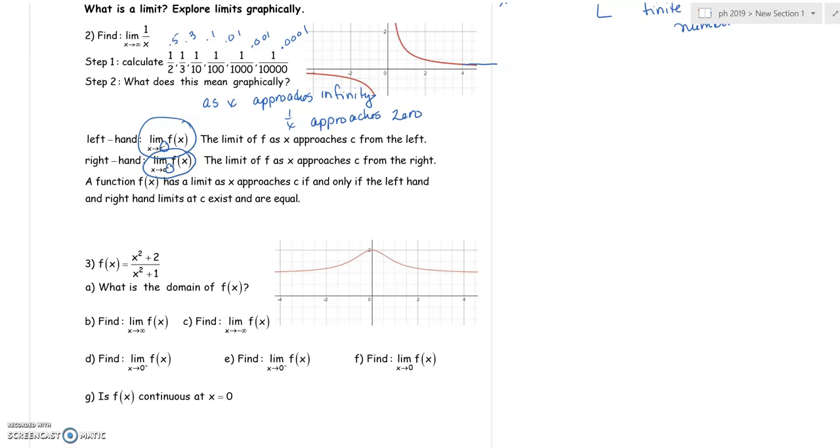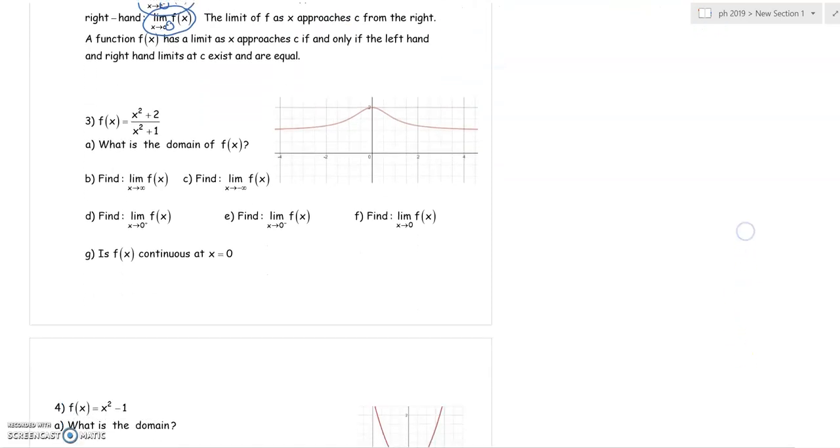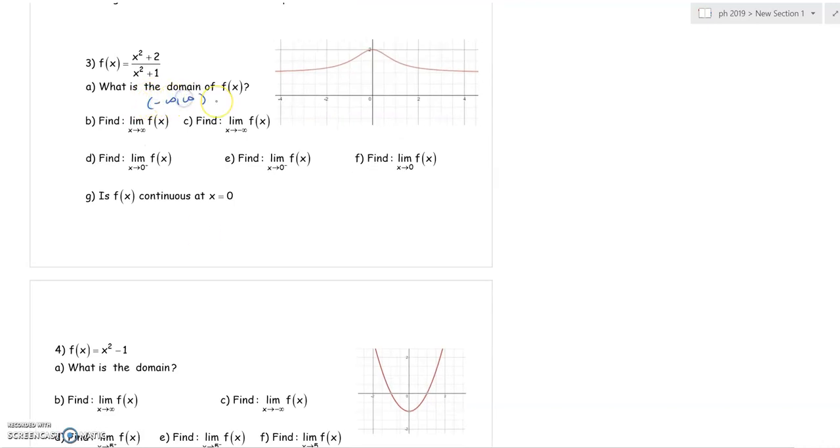So let's do number 3. It asks, what is the domain of f of x? We have already found our domain. If I wanted to find the limit of the function as x approaches infinity, let's think about what we learned in chapter 2 when we talked about rational functions.